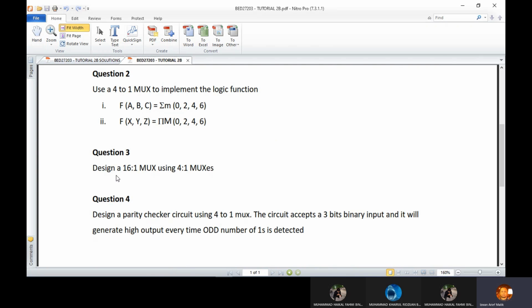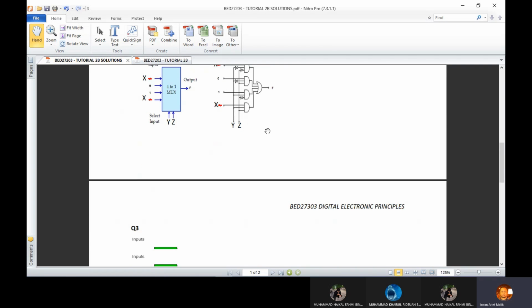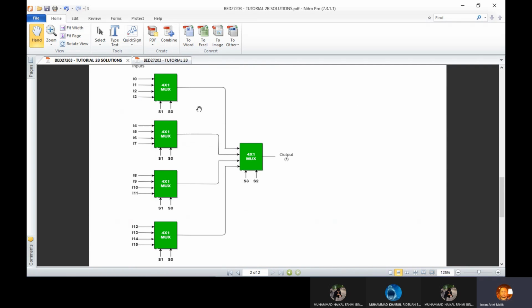Okay, so that is number 2. Number 3, design a 16 to 1 mux by using 4 to 1 mux. So yang ini you can find them easily dekat dalam internet lah. Okay, so you use 5 units of 4 to 1 mux.